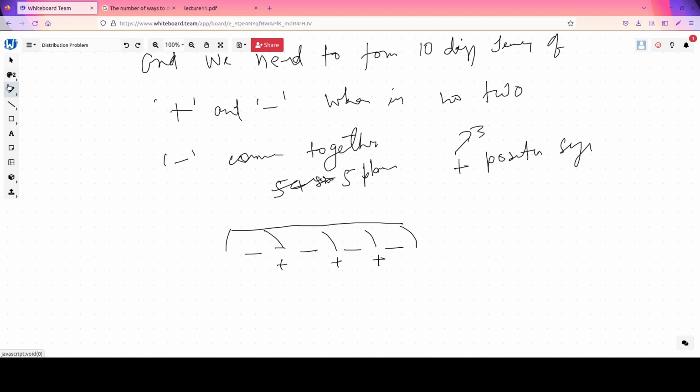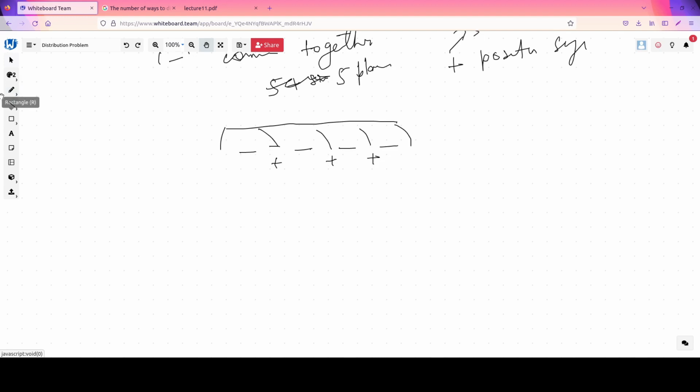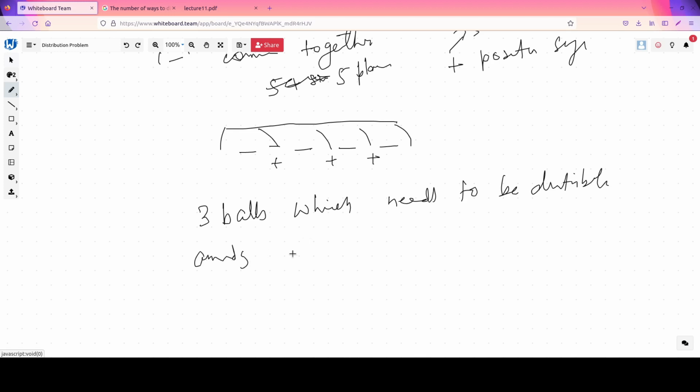So it drills down to the same problem, saying that you have 3 balls which need to be distributed among 5 urns, right?